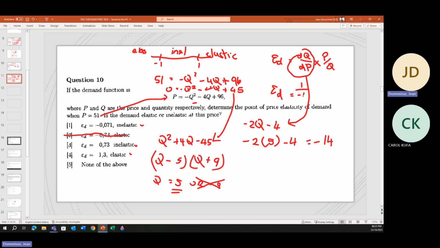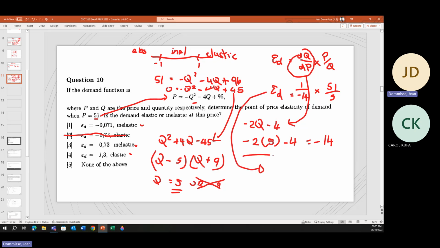It's 1 over minus 14 times we've got the price at that point is 51. We've got the quantity at that point, it is 5. And that must give us then our answer.